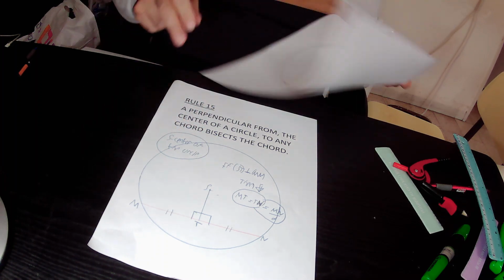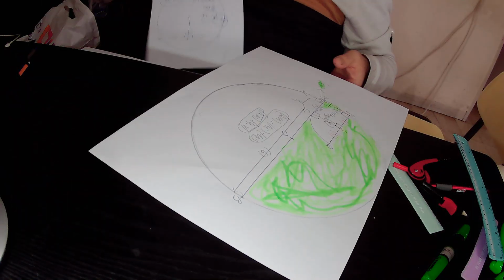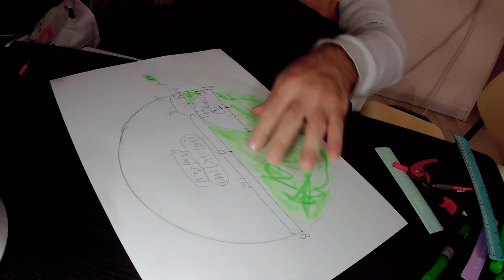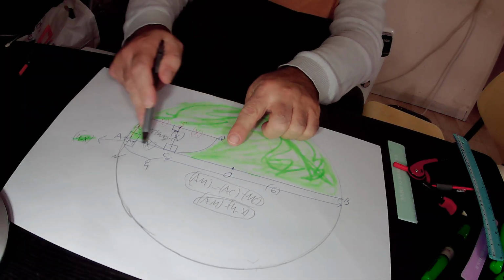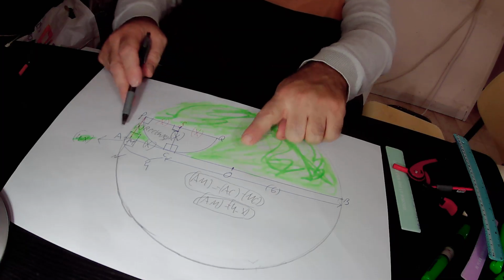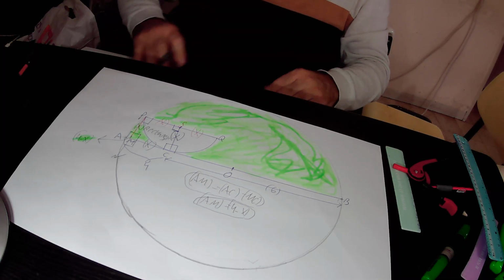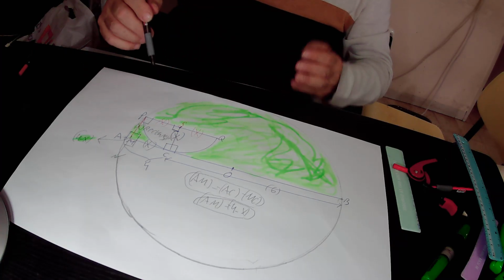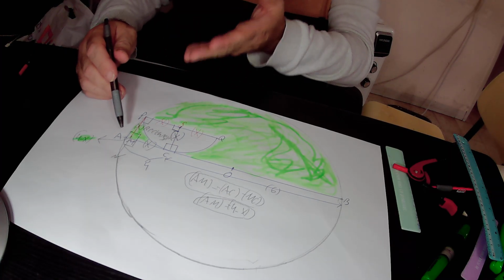Now let's implement rule 15 in our drawing. From the center of this big circle, we have perpendicular OM on chord PN. According to rule 15, perpendicular OM bisects chord PN. If OM bisects chord PN, it means that it divides chord PN into two halves.